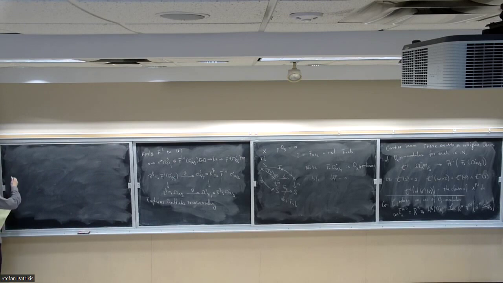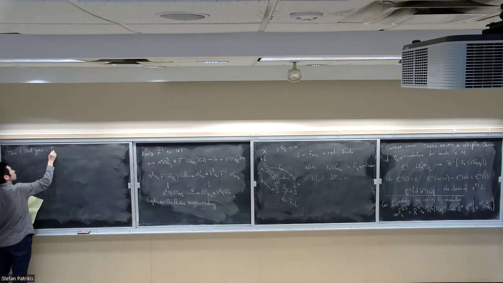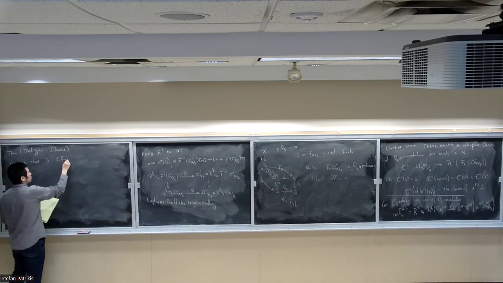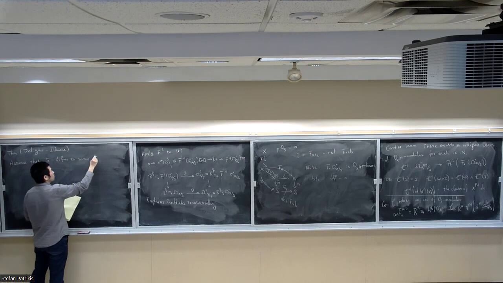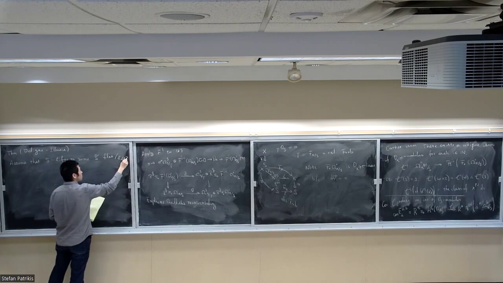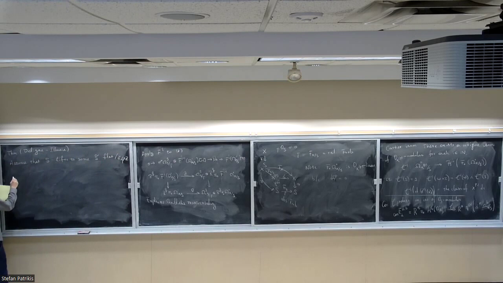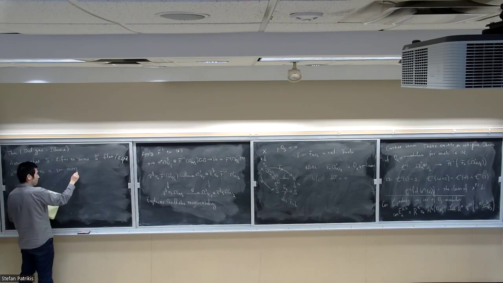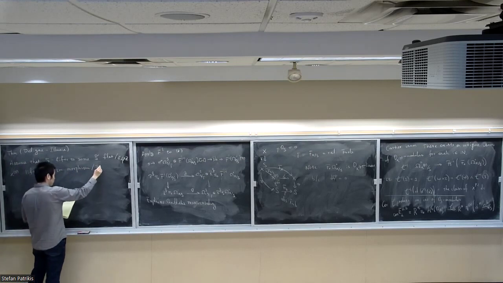So now let me give the main theorem of Deligne-Illusie. Assume that S lifts to some S tilde flat over Z mod p squared Z, and the Frobenius twist of X lifts to a smooth morphism over S tilde.